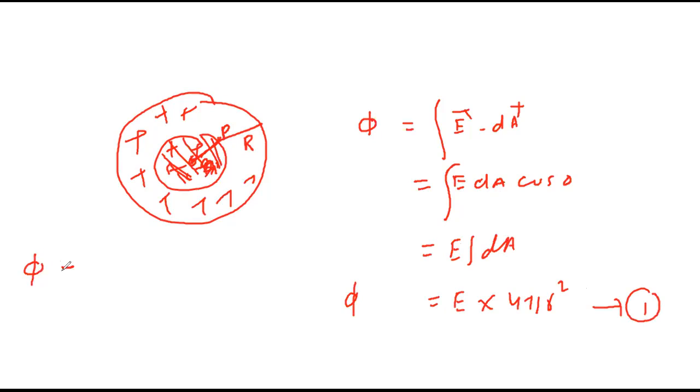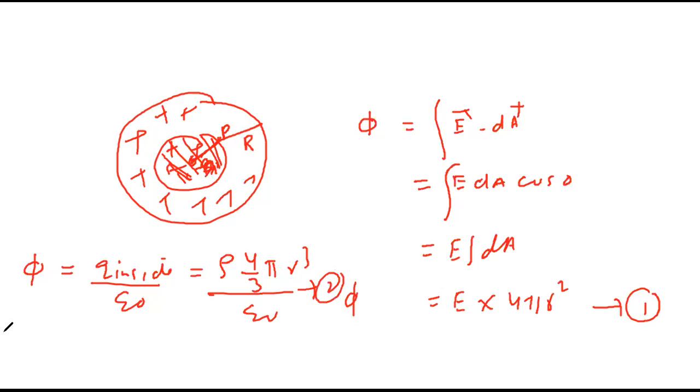No, sir. But flux is also equal to charge inside upon epsilon naught, or not? Charge inside is rho into the volume inside, which is 4 by 3 pi r cube, upon epsilon naught. I will equate the two.